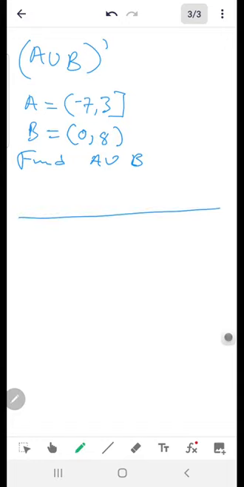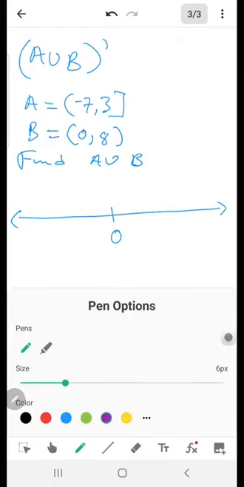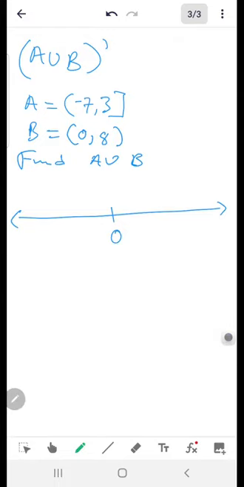You draw a number line and put 0 to demarcate negatives and positives. Let's draw set A. Set A starts from -7. Is -7 part of the answer? Of course not. Is 3 part of A? Yes. So this one will be shaded and the other will not be shaded. This is set A.